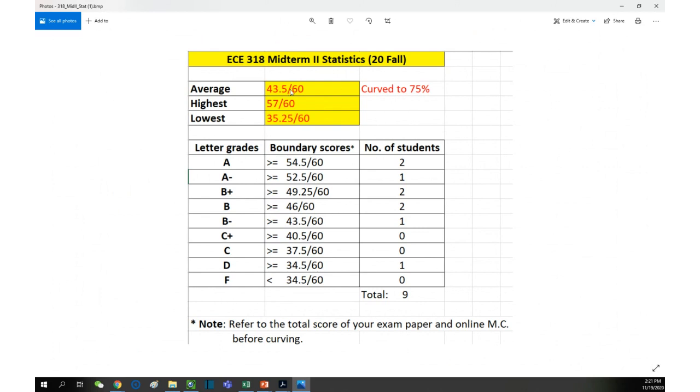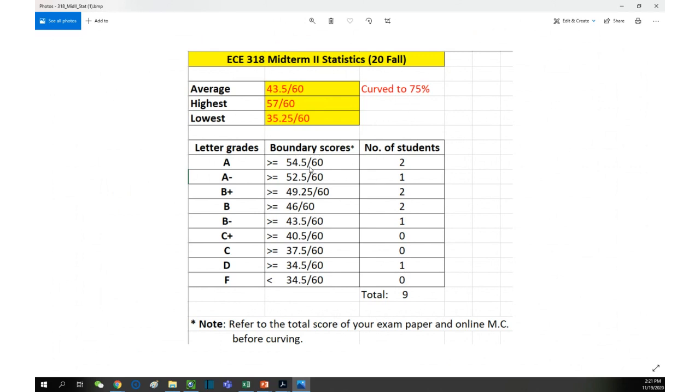The average is right around 75%. It's a little bit lower than that. The highest is 57, and the lowest is a little bit more than 50%.